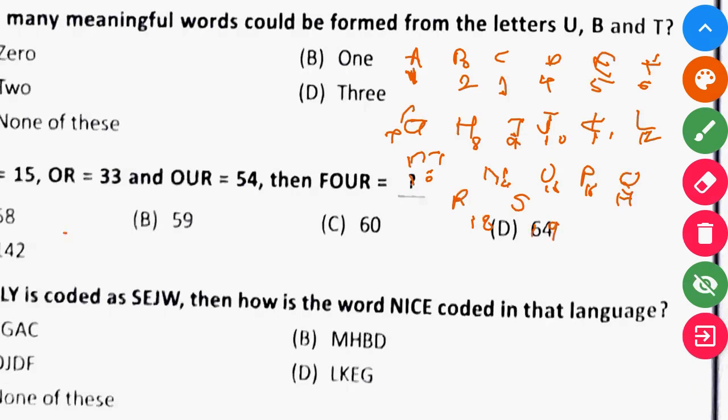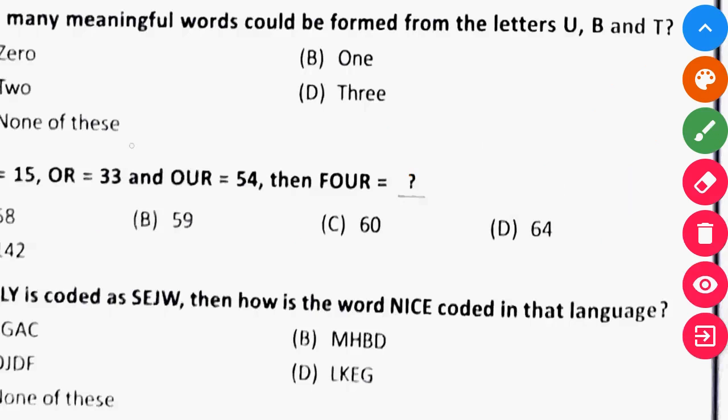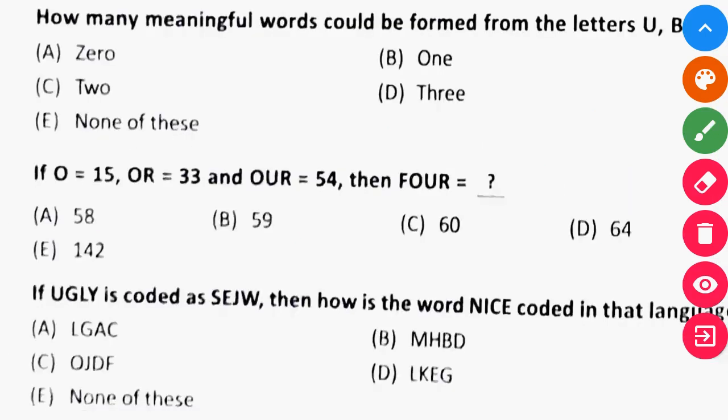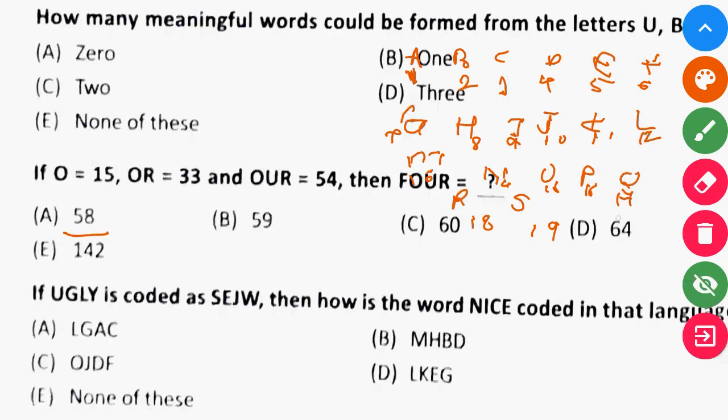Now I will check what is given. O is equal to 15. Now see, O is at the 15th position in the alphabet series. R is at the 18th position, and if we add 15 and 18, the total is 33.